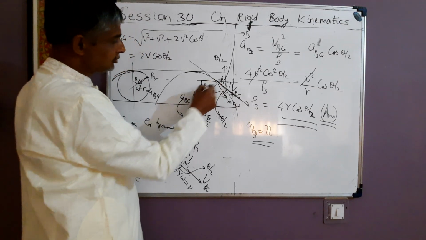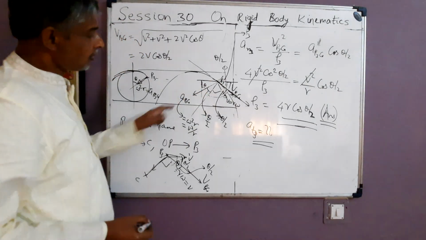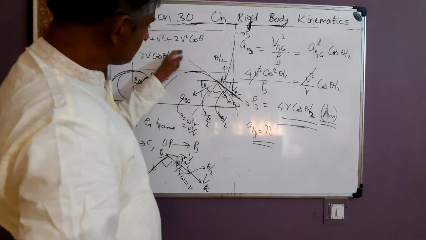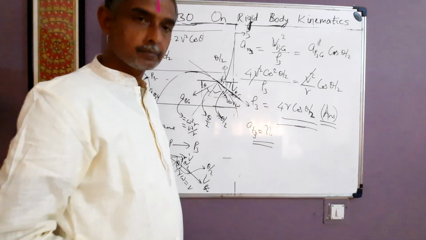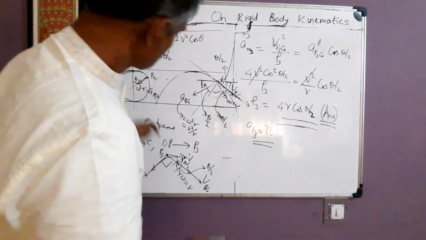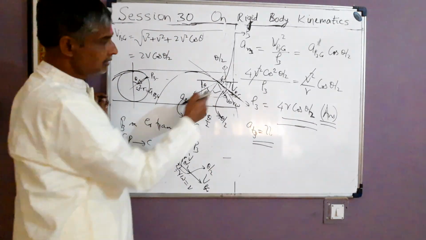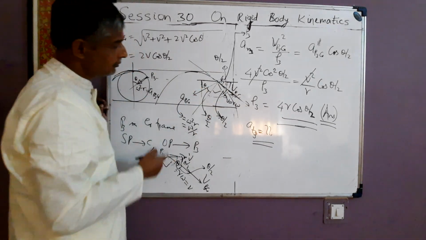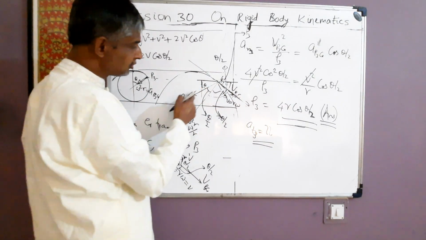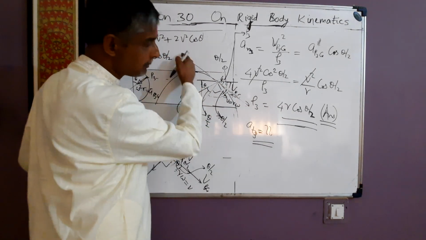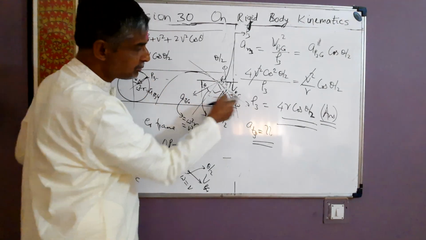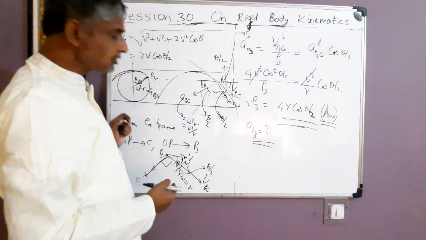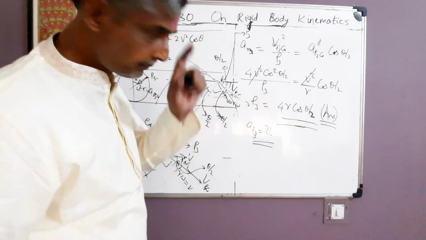This is the total acceleration of P3. The component of AP3G along this direction, that is the tangential acceleration of P3. Okay, fine. This is the total acceleration. This is the tangent. This is the normal. The component of the total acceleration of P3 along the tangent to its path, that is along the direction of VP3G, is the tangential acceleration of P3.